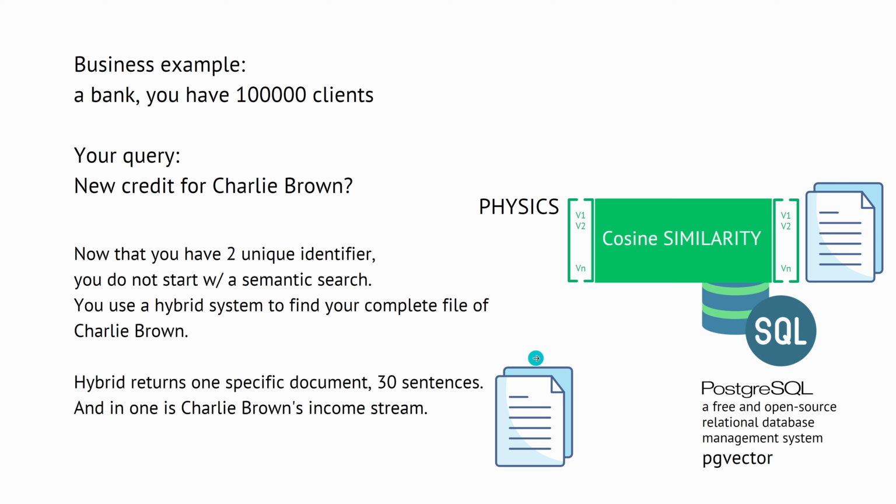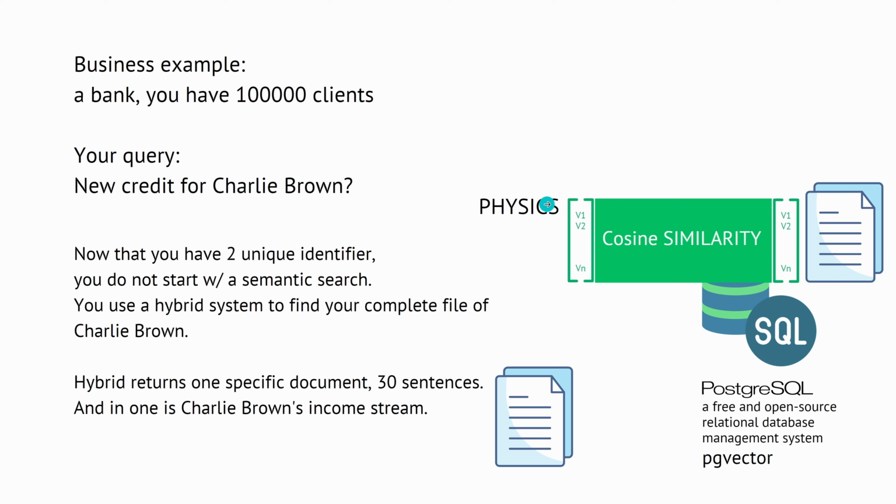And you need now the income of Charlie Brown to determine today, at 8 o'clock, if you can give him a credit, yes or no. So you need this information. So now on this document here, and this now is our document from Charlie Brown, and only the document from Charlie Brown with 30 sentences, so you have 30 vectors.